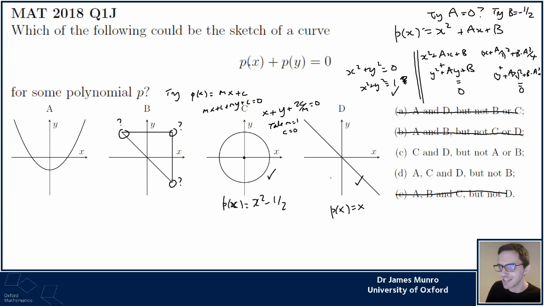That's not a coincidence. That's because it's the same polynomial on the x and the y terms. So whatever I do with my polynomial, it's sort of treating x and y the same. That's making a curve like this look a bit suspicious. If I'm treating x and y the same, how am I going to build a shape like that?